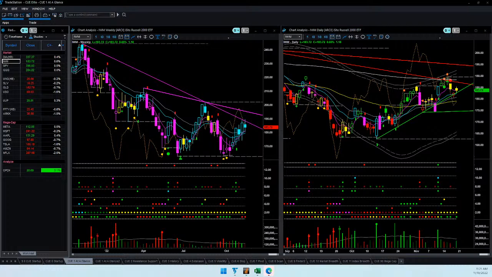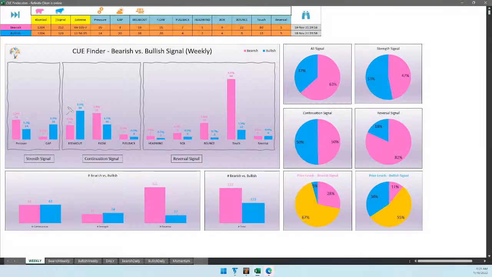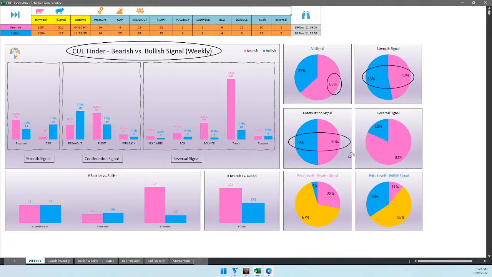What about technical breadth? Balance between bears and bulls. First, using the weekly interval, all signals bearish, strength signal slightly bullish, balanced, trend continuation balanced, reversal bearish.